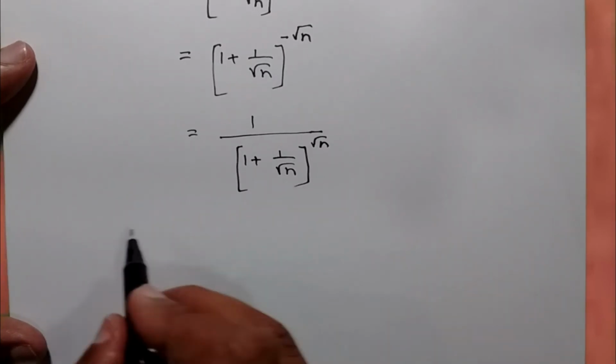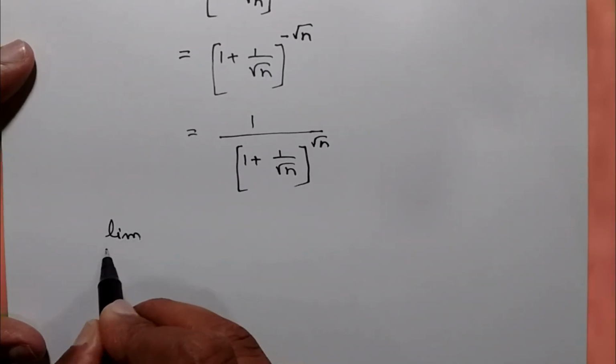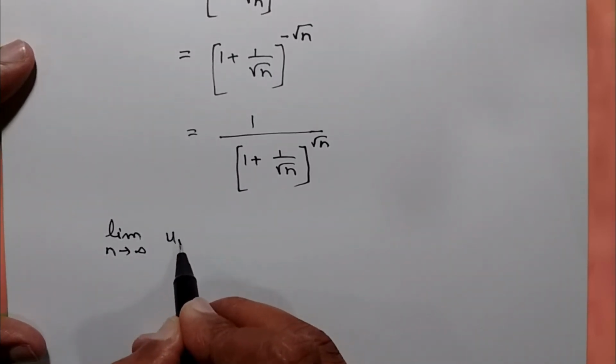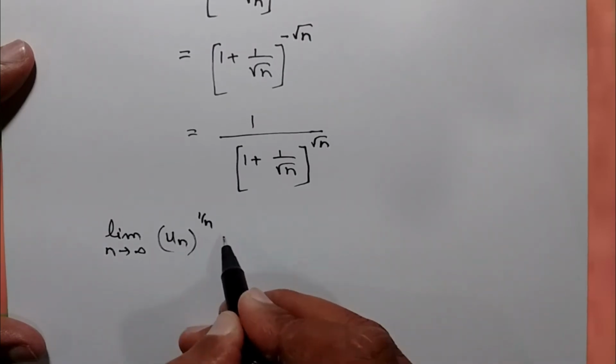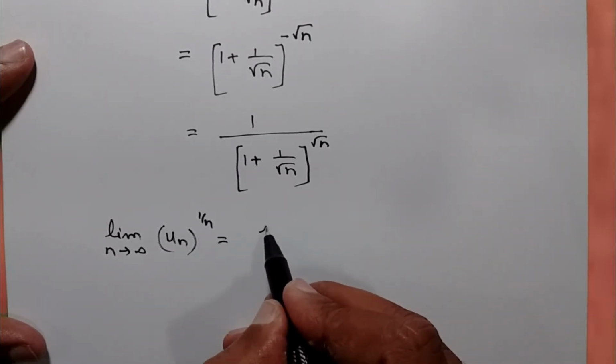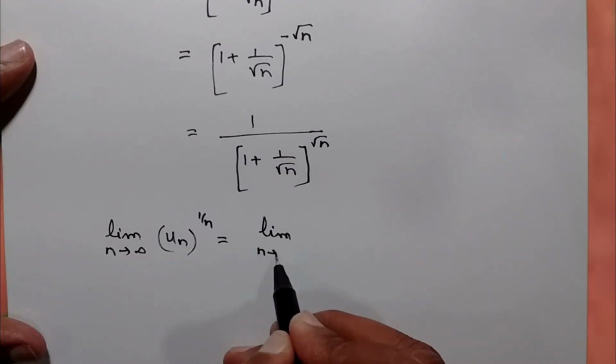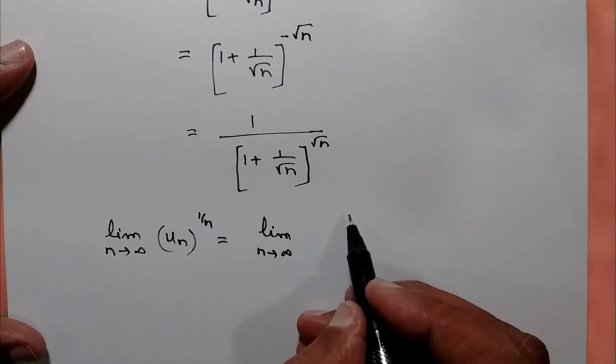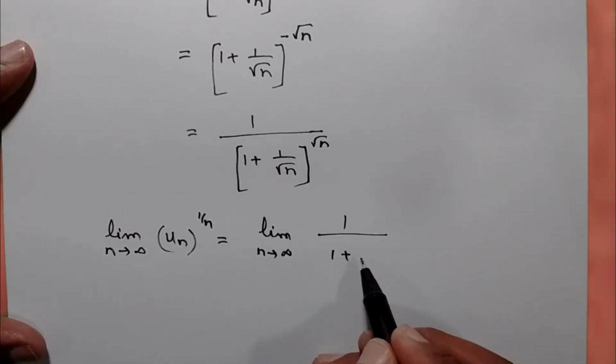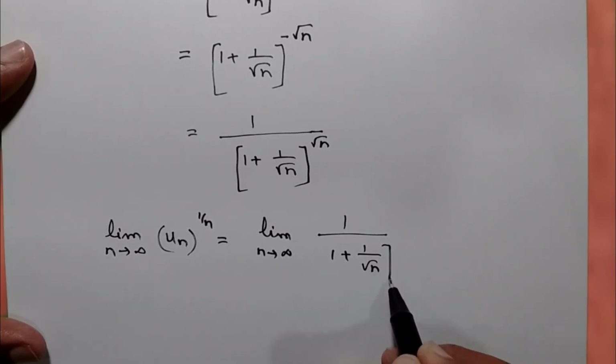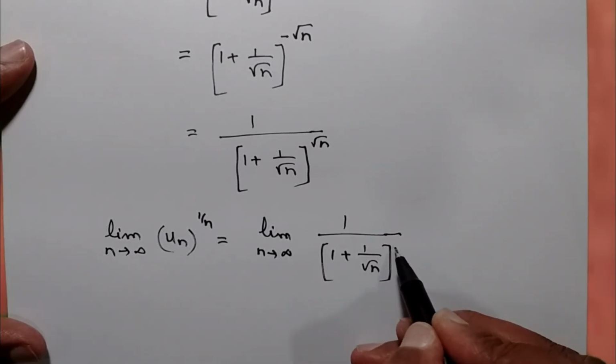Now you can apply the limit on both sides. The limit as n tends to infinity, un to the power of 1 by n is equal to limit as n tends to infinity 1 by 1 plus 1 by root of n to the power of root n.